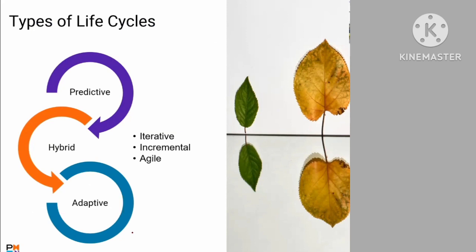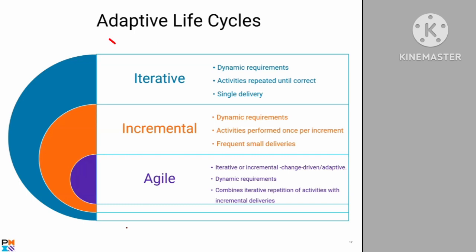And the adaptive life cycle is also divided into three categories: iterative, incremental, and agile. So what is iterative? We produce something and keep refining it. That process or life cycle is called the iterative life cycle.